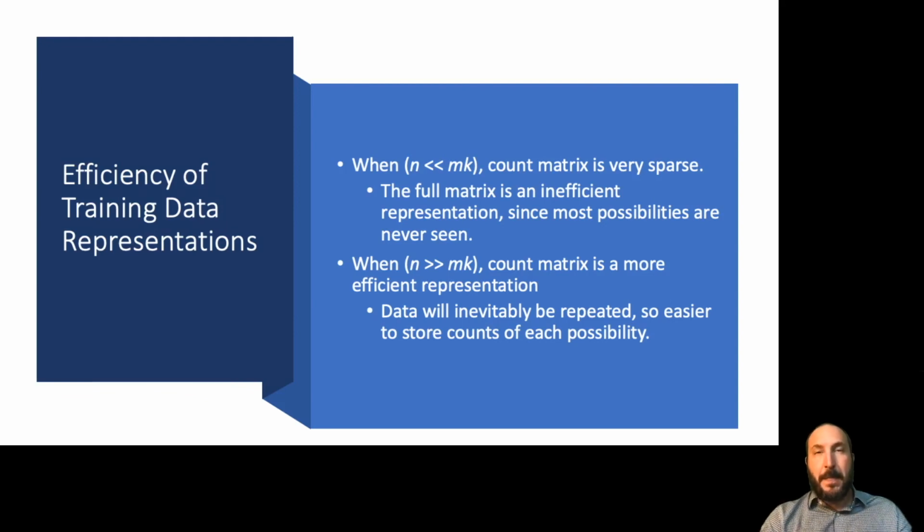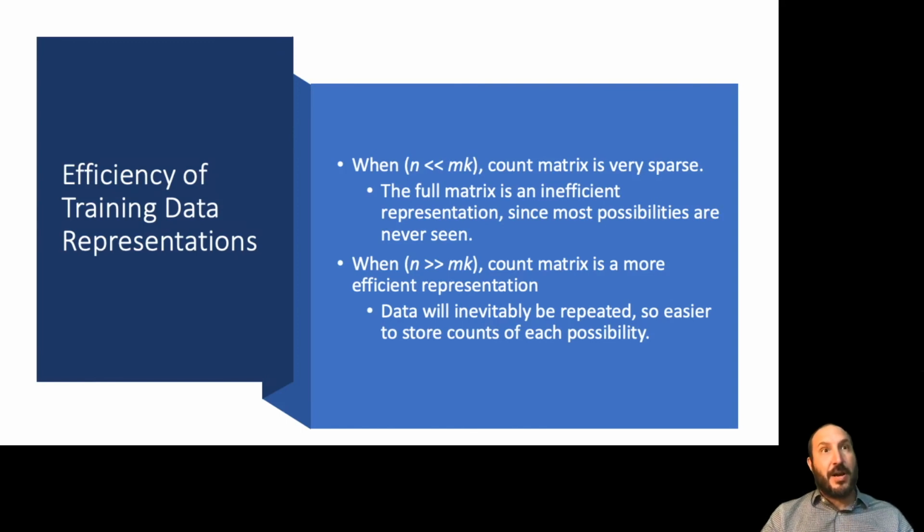Conversely, when you have a lot of data relative to the number of possibilities, so n is much, much bigger than m times k, the count matrix is actually a more efficient representation, because the number of data points is a lot more than the number of possibilities. Data was inevitably repeated, so it's easier to store the counts than to list data points multiple times.